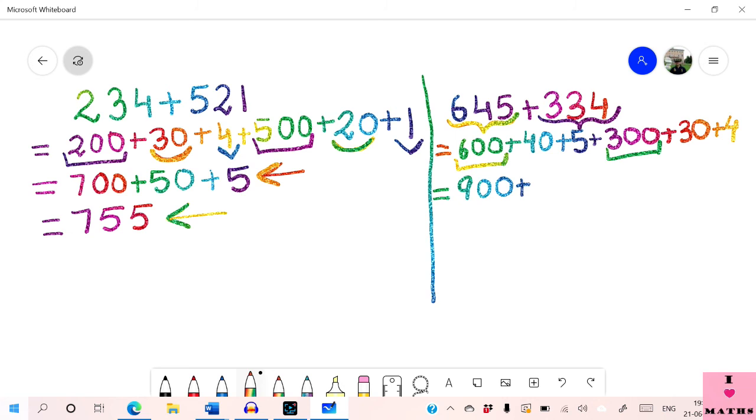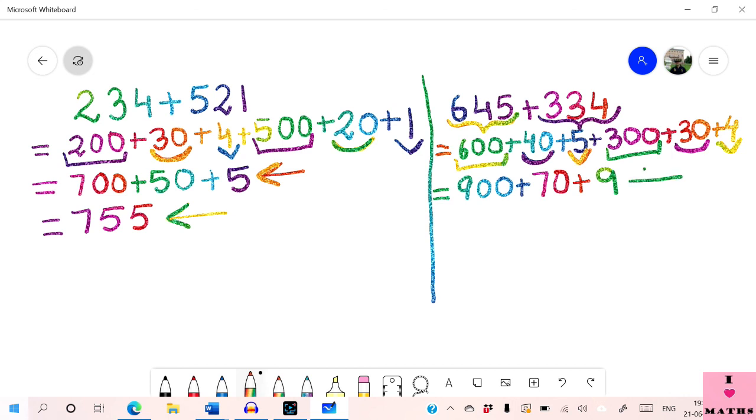Now we will add 40 and 30. 4 plus 3 is 7. So 40 plus 30 is 70. Now we are going to add 5 plus 4. 5 plus 4 is 9.